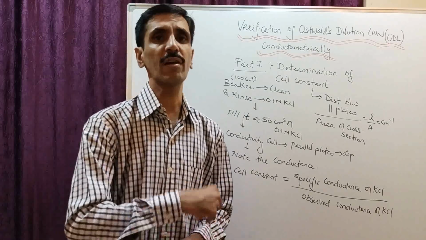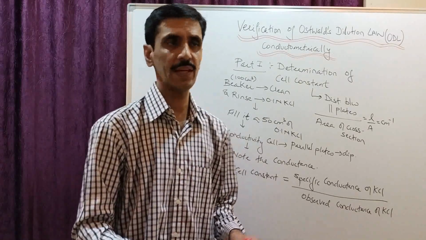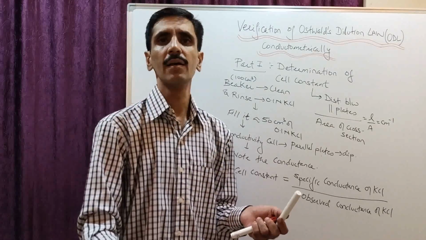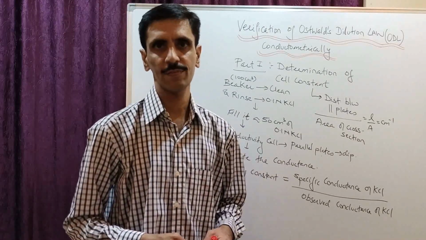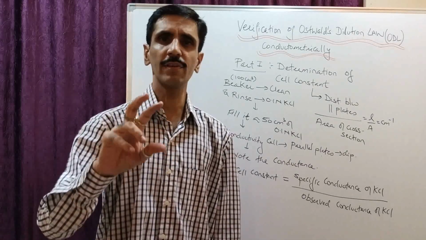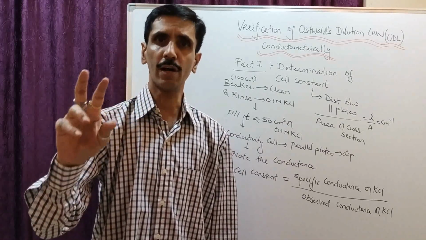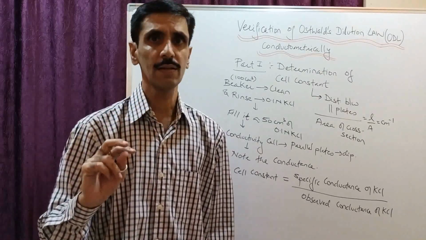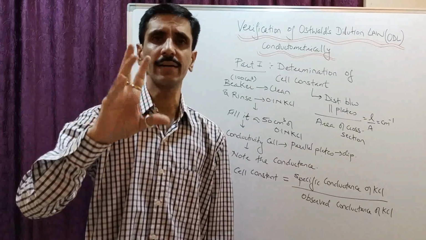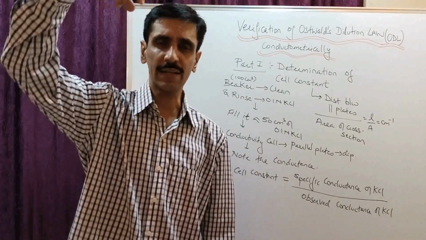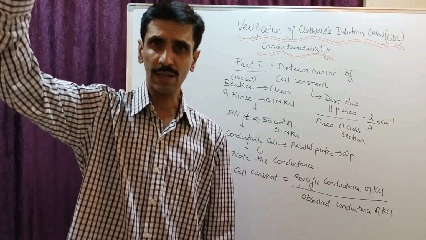Sometimes the cell constant is already provided. Then you need not carry out this step. You can directly start with the preparation of the solutions. Alright, so once again I repeat: take a clean beaker, rinse it with a small amount of 0.1 normal KCl, and then take around 50 cm3 of KCl, provided the beaker is around 100 cm3. Insert the conductivity cell and connect it to the conductometer.